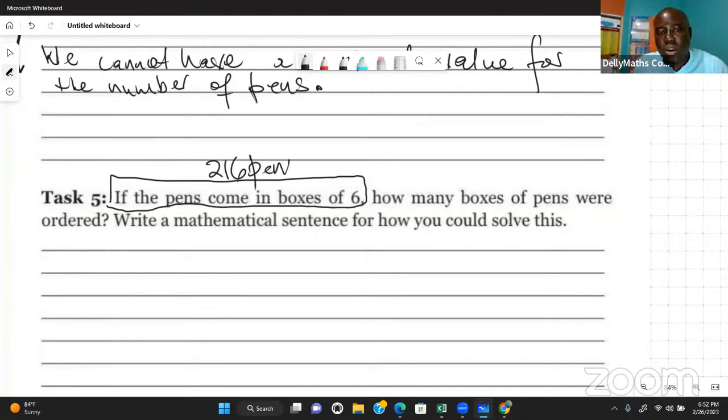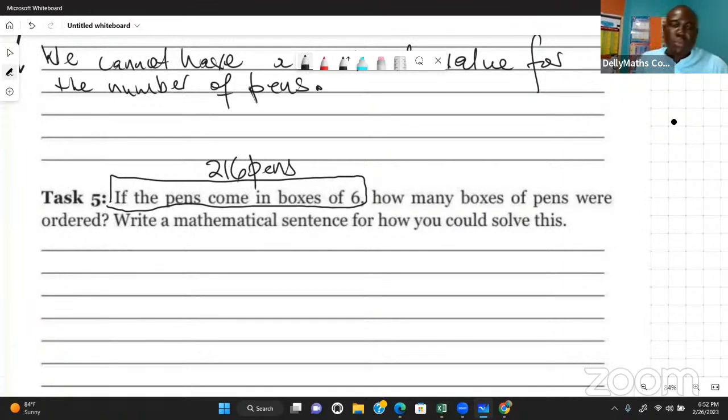And we're talking about 216 pens right now. So if they actually came in boxes of 6, how many boxes of pens were ordered? Write a mathematical sentence for how you could solve this.